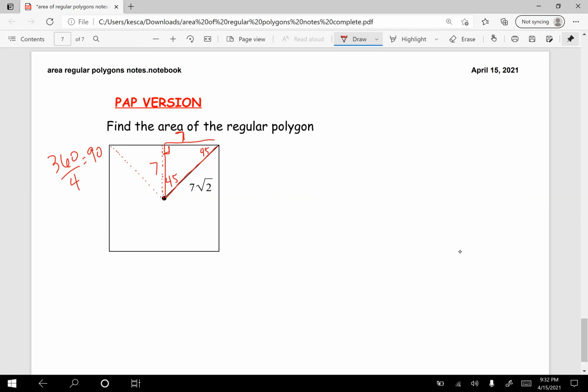So half of the side is 7, so what's the whole side? 14. So to find the area, we would do the apothem 7 times the perimeter, so 14 times 4 divided by 2. So 14 times 4 times 7 divided by 2, you get 196.